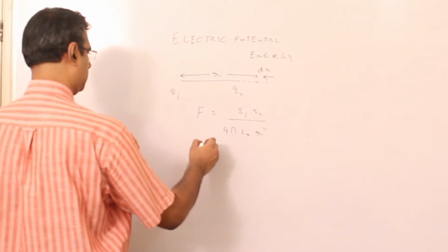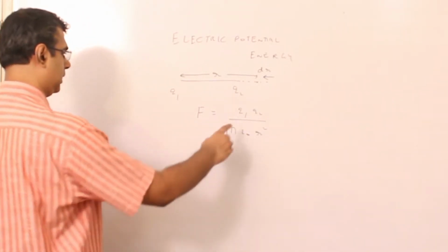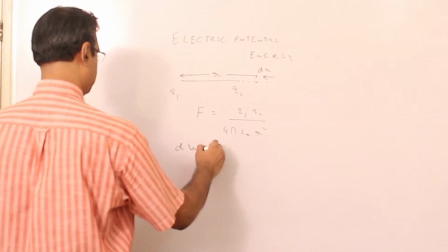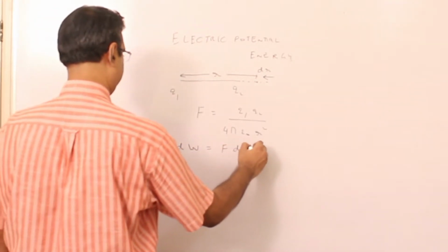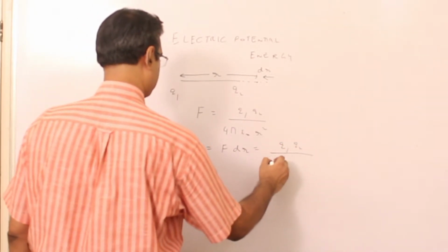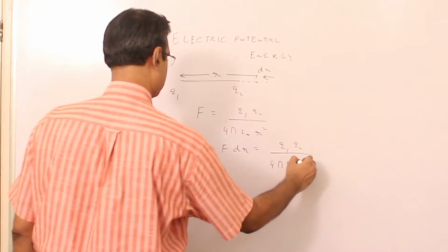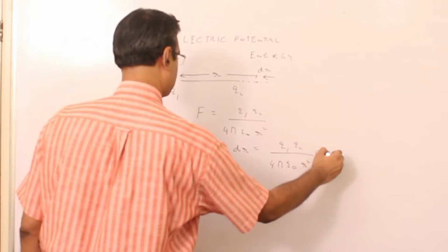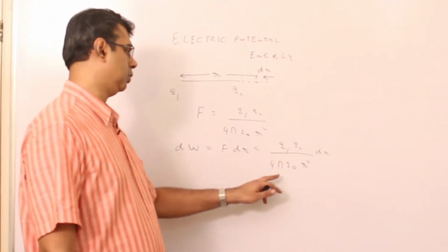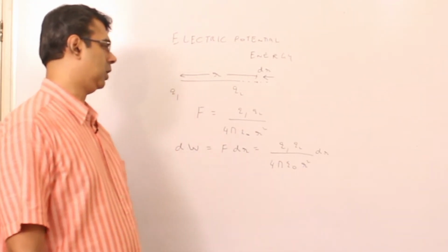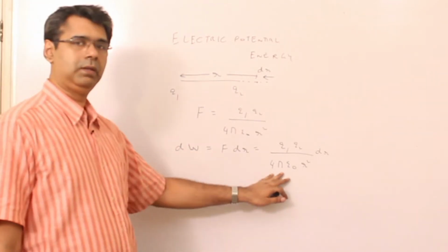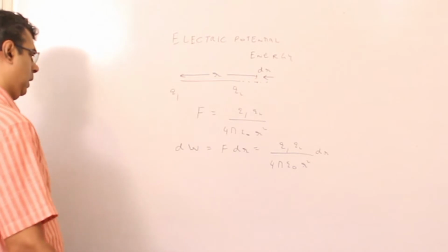Now, keeping this in mind, if the force undergoes a further displacement, then the work done will be Q1 Q2 by 4 pi epsilon naught r square into dr. So if this is the force, then this will be the work done by the force.